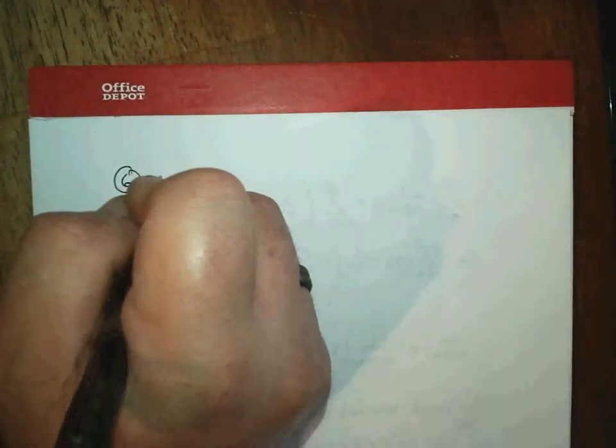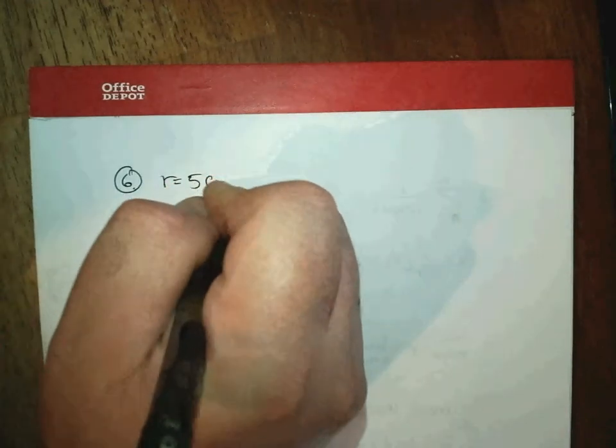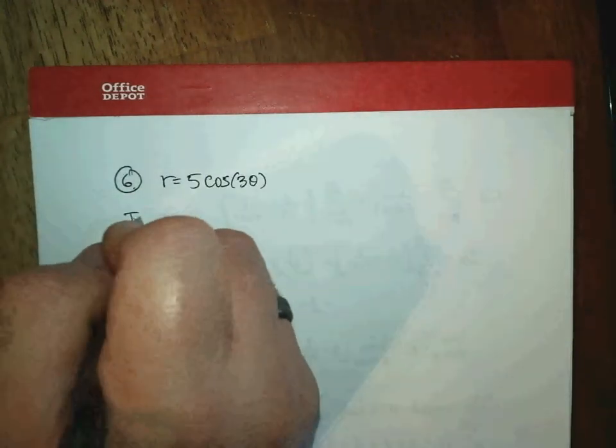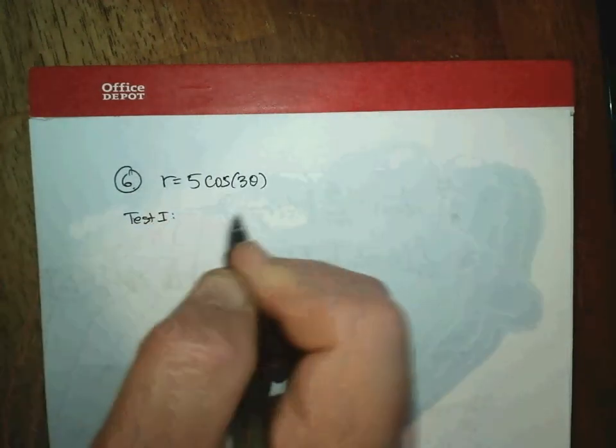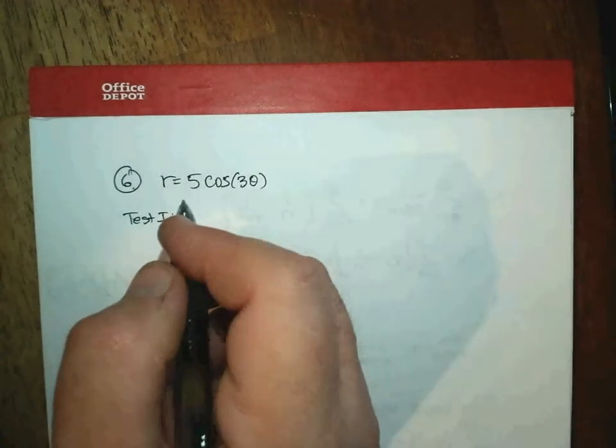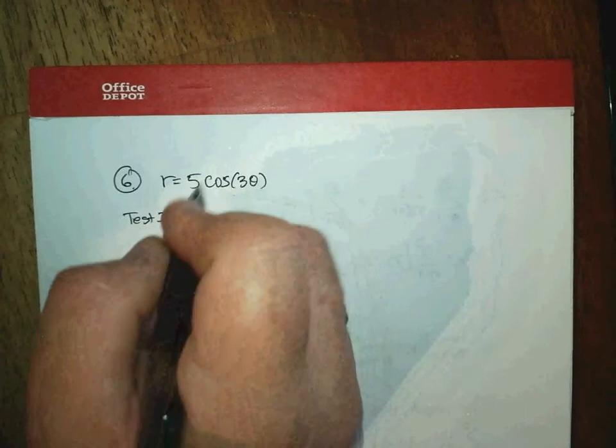So let's take a look at problem number 6, where we're given the equation r equals 5 cos 3 theta. And let's run our 3 tests on this. Okay, test 1. Test 1 again is we're going to replace the r and the theta with a negative r and a negative theta.